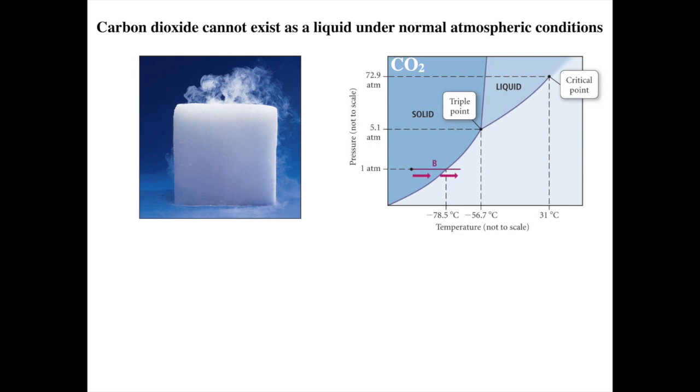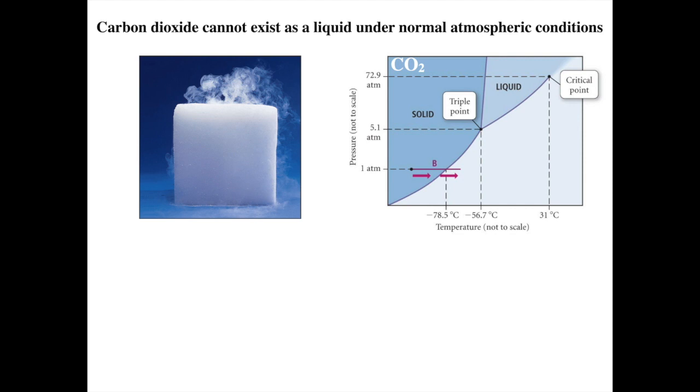Carbon dioxide, I'm going to use as an example to illustrate what you can use the triple point for, and that's to compare it to 1 atmosphere, standard atmosphere on Earth, and ask yourself, can that substance exist as a liquid?